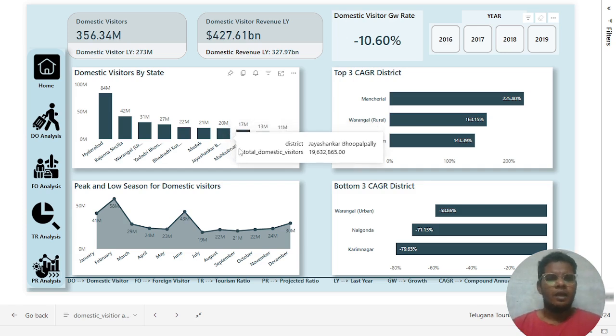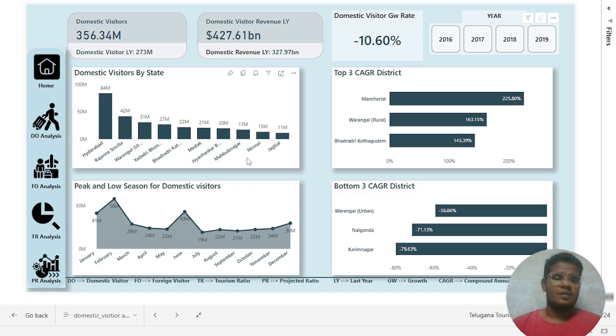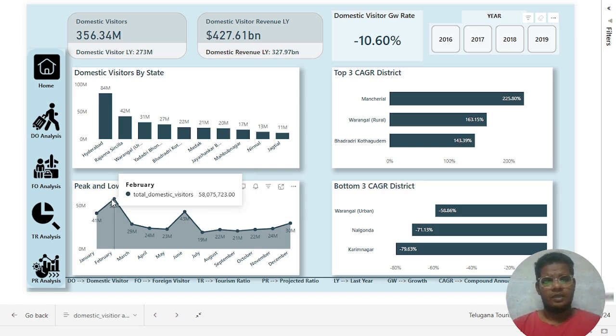Okay, and then the peak and low season for the domestic visitors. Especially, we all know June, the vacation for the children, is particularly a peak time, and then January, February. Both January, February, and June are the peak seasons for the domestic visitors.